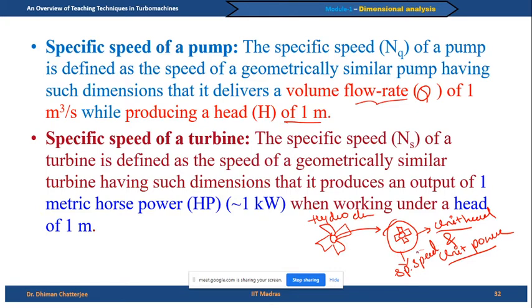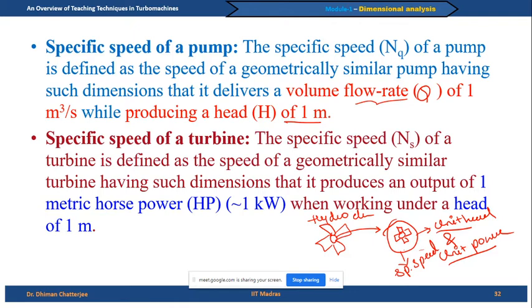The definition is: it is the speed of a geometrically similar pump which develops a discharge of one meter cube per second per unit head. That is the definition of the specific speed of a pump and of a turbine.